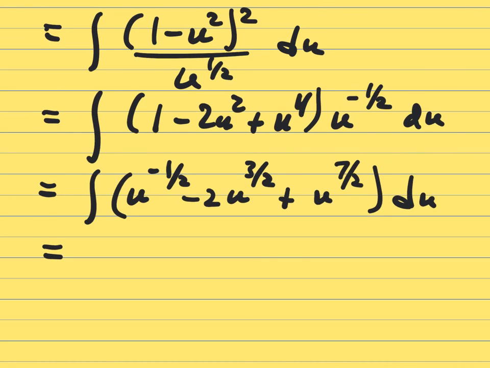Now we're ready for the antiderivative of each term. And that's where we're going to add 1 to the power, divide by the result.